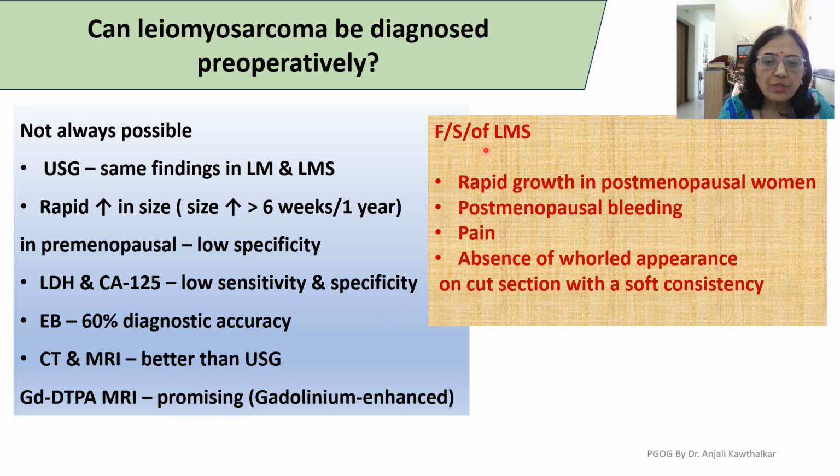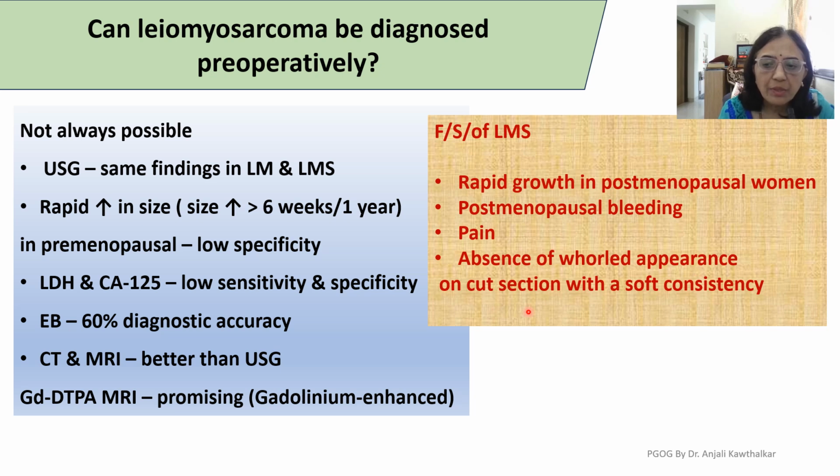So what are the features which are suggestive of leiomyosarcoma? There will be a rapid growth in postmenopausal women. A postmenopausal woman presenting with postmenopausal bleeding with a fibroid. The patient presents with pain, and whenever we are operating, how we suspect is that the leiomyosarcoma has a softer consistency with an absence of whorled appearance on cut section.